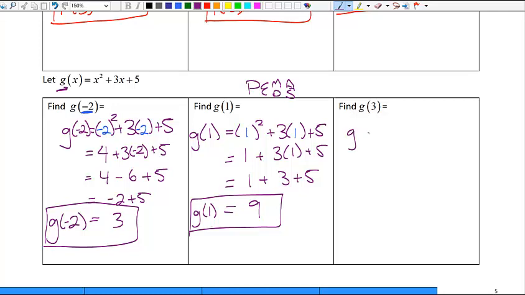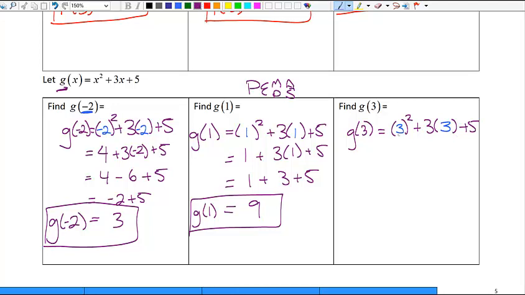On my last problem, I'm finding g of 3. Notice it's still g, so I go back to the g function, which says x squared plus 3 times x plus 5. But instead of x, I leave open parentheses so that I can come back later and fill them all in with whatever value I have. In this case, it's 3.